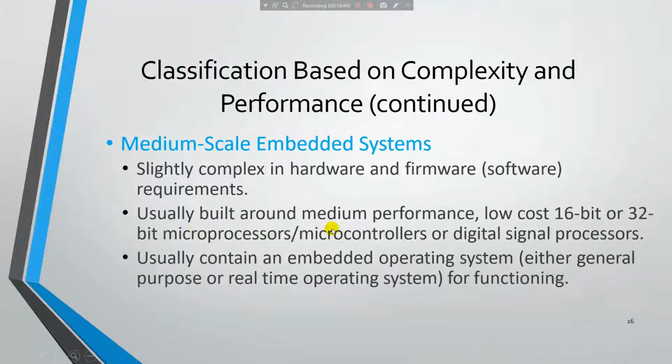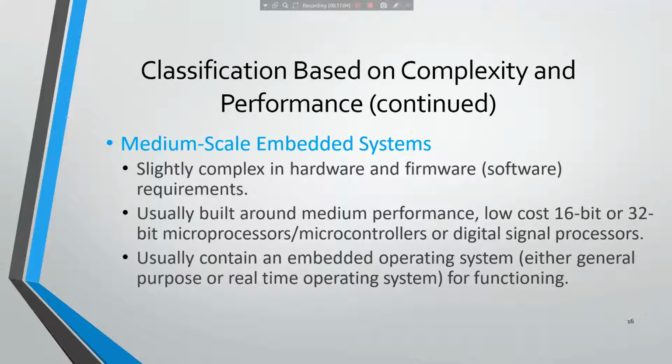Next is medium scale embedded systems. A slight complexity can be seen in the hardware as well as in the software. Usually it is built around a medium performance, low cost 16-bit or 32-bit microprocessor or microcontroller, or digital signal processing units.